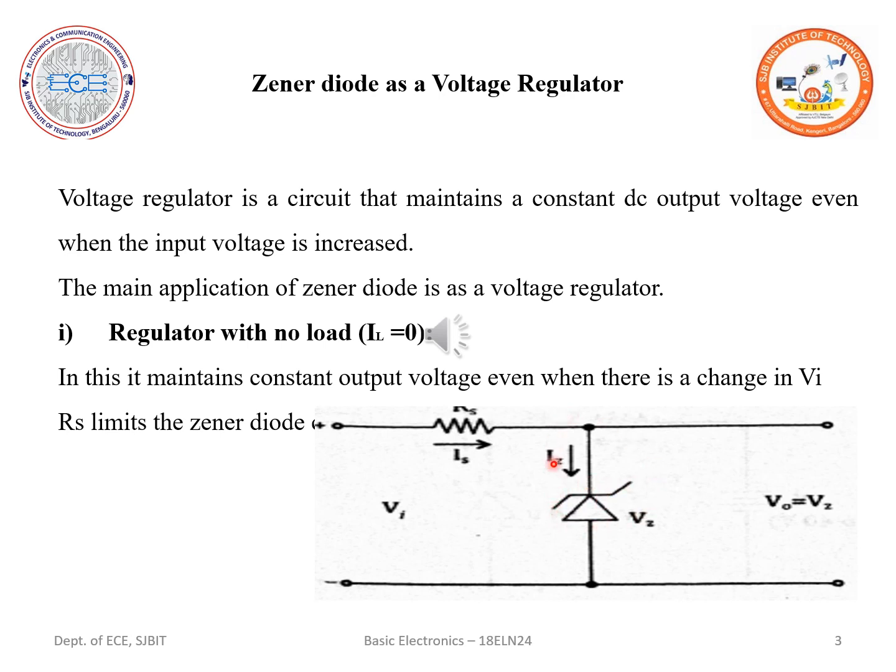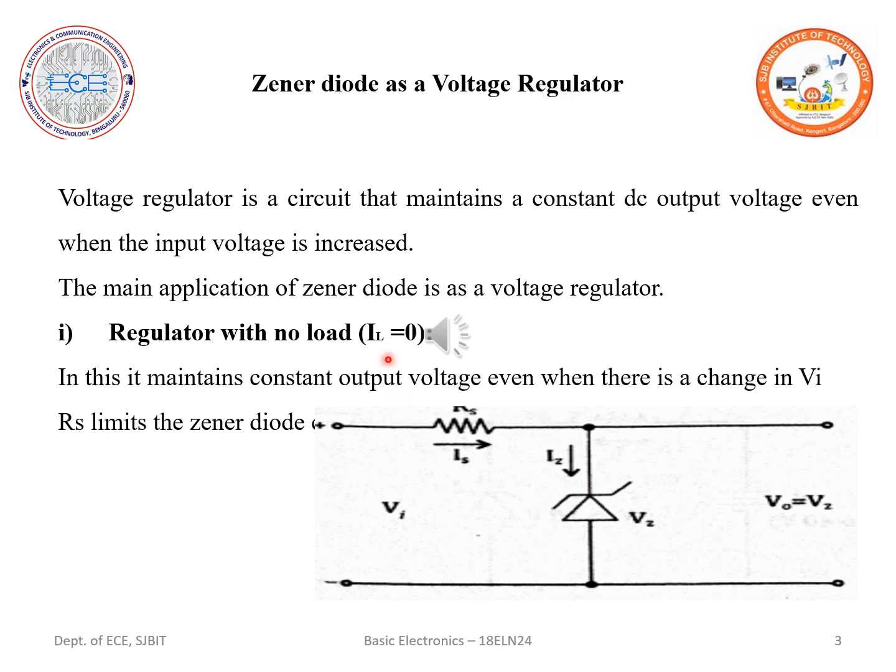This is the logic symbol of your Zener diode. As we all know, a Zener diode conducts only in the reverse bias condition. Remember, a Zener diode works in the reverse bias condition.